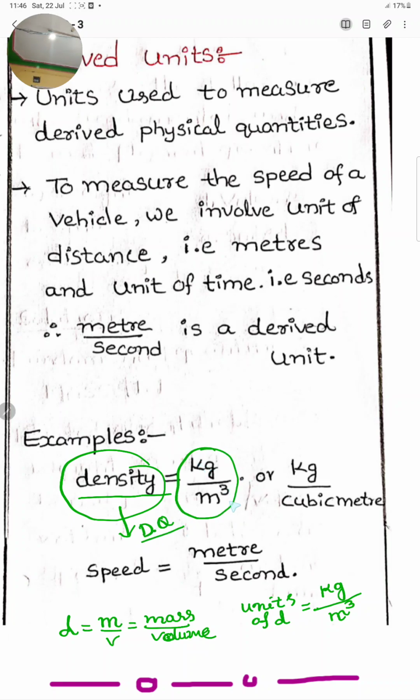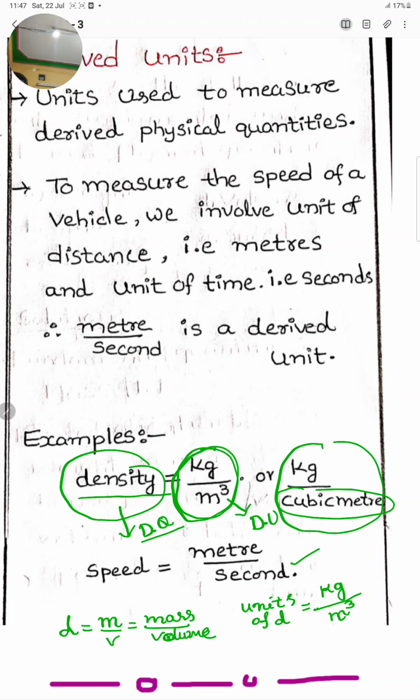Kg by meter cube is a derived unit. Meter cube is also known as cubic meter. Both are the same. Kg by cubic meter or kg by meter cube is a derived unit. Density is a derived quantity. Okay, speed is already over. Okay, thank you.